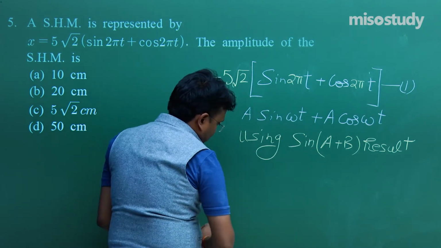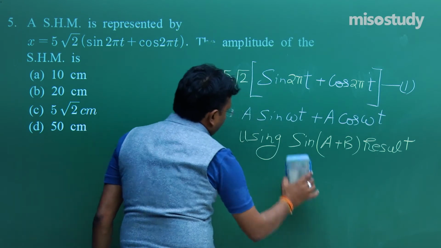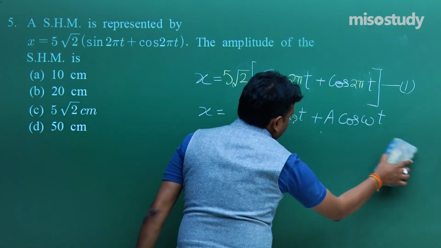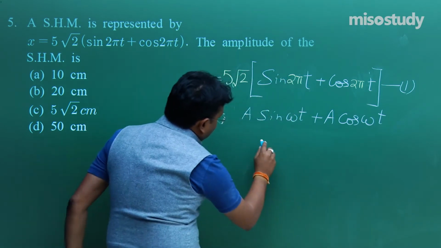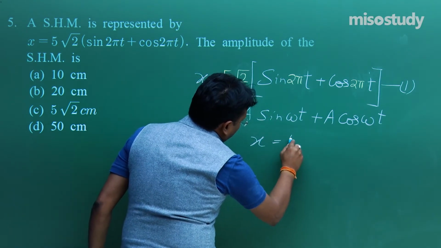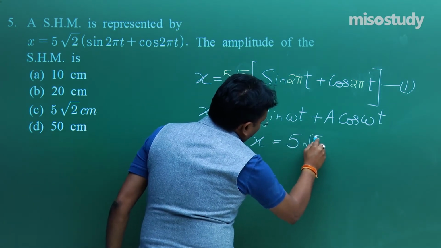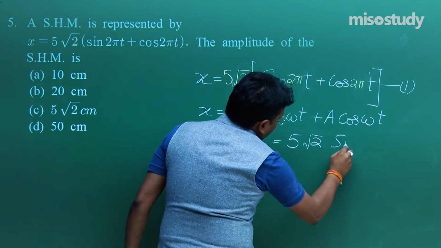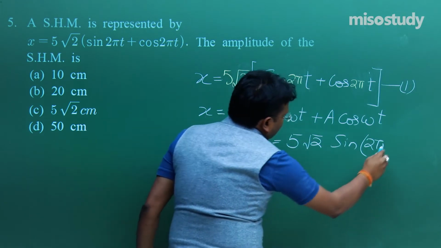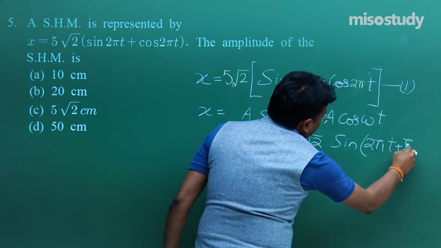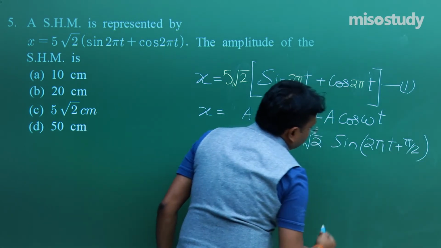So the final result is, I hope now I can use this directly because I mentioned it. So the final result is x is equal to 5 root 2 sin of 2 pi t plus pi by 2.